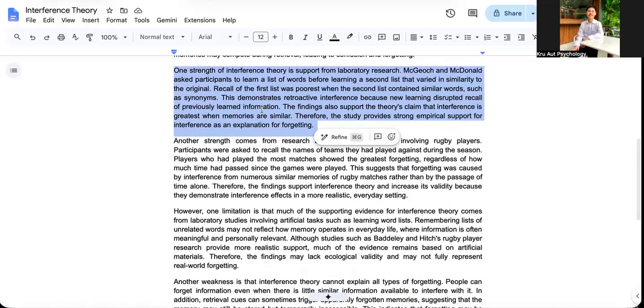These two researchers, not going to read their names, asked participants to learn a list of words before learning a second list that varied in similarity to the original. Recall of the first list was poorest when the second list contained similar words, such as synonyms. In this study, I believe there are many conditions, maybe 6, if I don't recall that wrong. But you don't need to write all of the groups' findings and numbers out here.